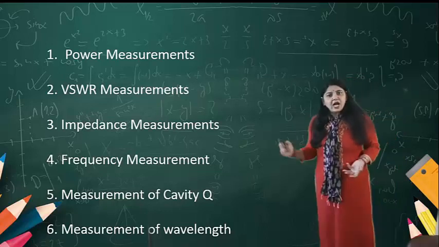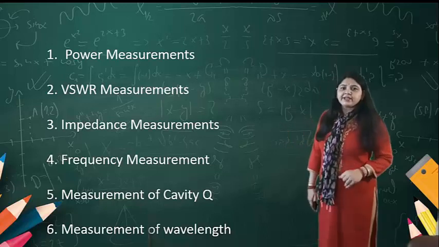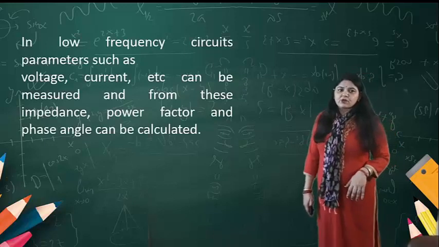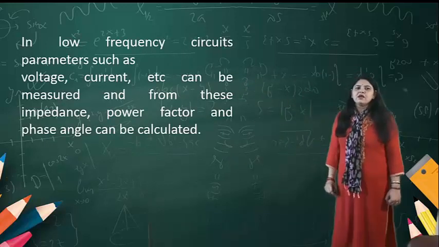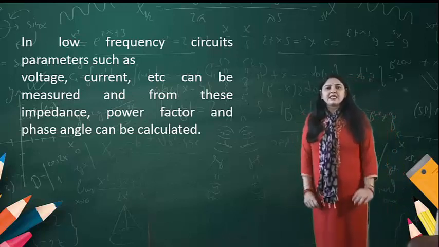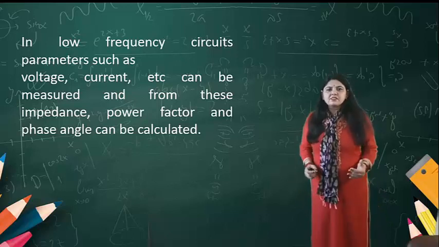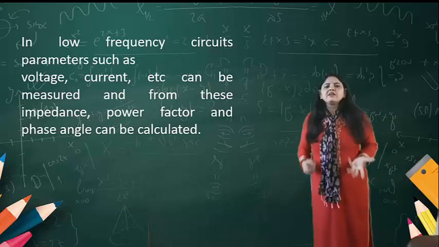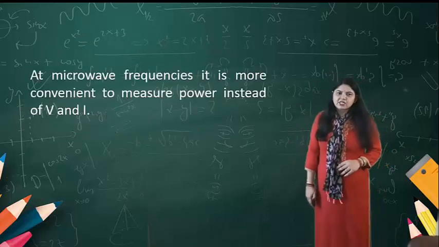These are the things we have to be careful about while we deal with high frequency. At low frequency, circuit parameters such as voltage and current can be measured, and from these impedance, power factor and phase angles can also be calculated.